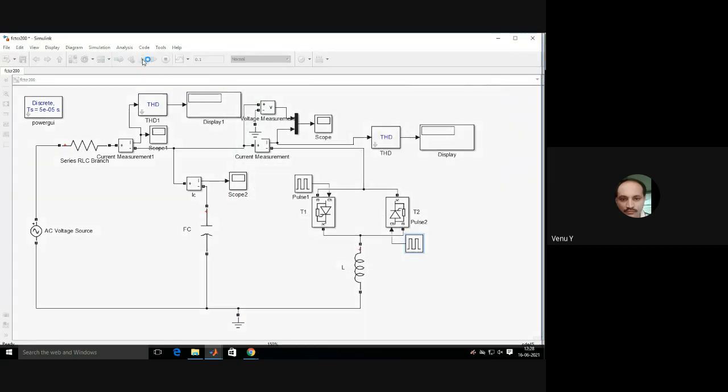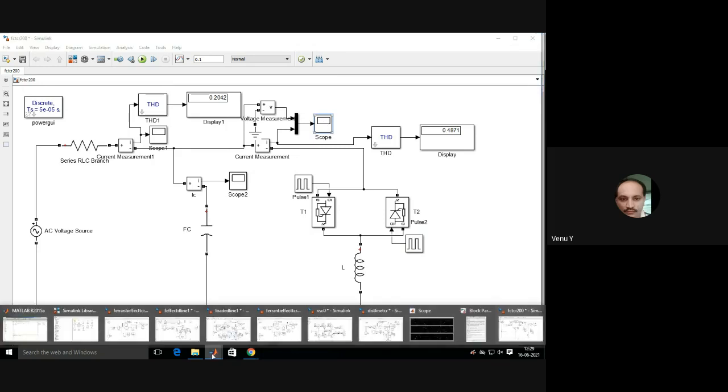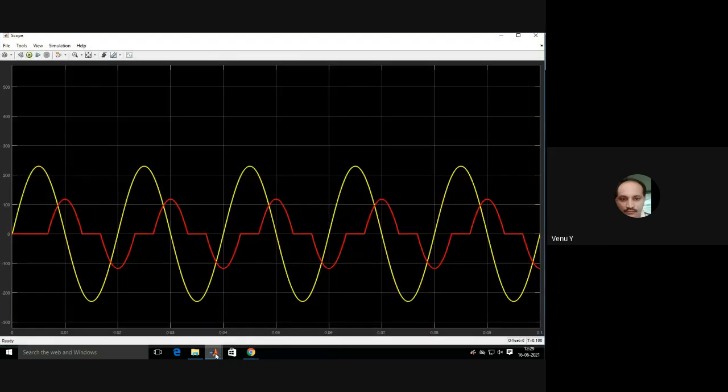Now we can simulate it, and you will get 48.7% THD in the TCR. Total THD is 20.42. These are the waveforms.